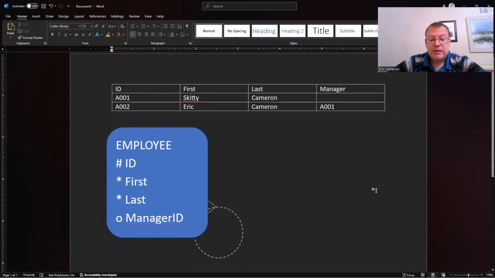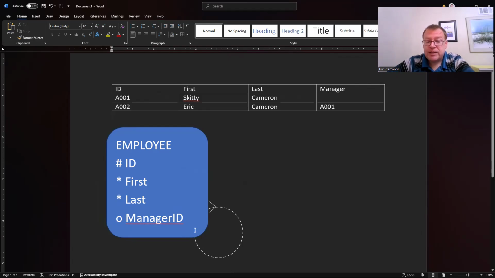So this, I don't know who did all this stuff, but you got crow's feet, you got pig's ears. This is what we call a pig's ear to represent that. And we would label this manages and managed by if we were labeling.